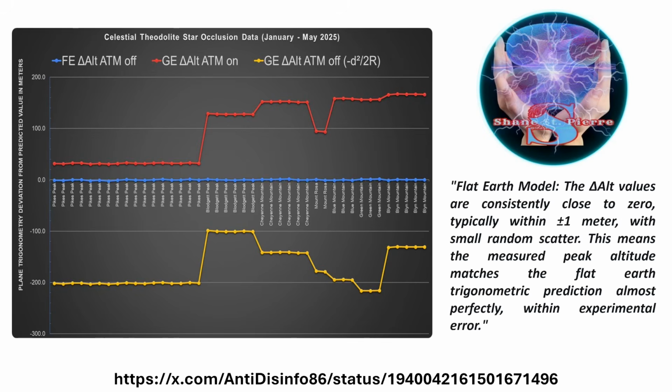And as Shane says on the right, the deviations using the flat Earth model are consistently close to zero, typically within plus or minus 1 meter. So in the graph, you've got the two globe predictions, one with refraction and one without. Those are the red and yellow lines, which are all over the place because this is a straw man globe prediction. And then you've got this nice blue line for flat Earth, hugging the x-axis perfectly.